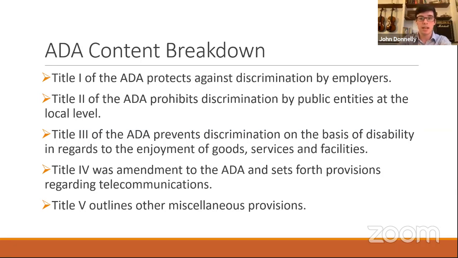Title IV of the ADA was an amendment that was added a few years later, in 2008, I believe, and it really focused on telecommunications, so phone calls and things like that, but still made no mention of web accommodations and things like that. Title V outlines any other miscellaneous provisions, and really, for the purposes of this presentation, it's not that important. So we'll move on to the next slide here.